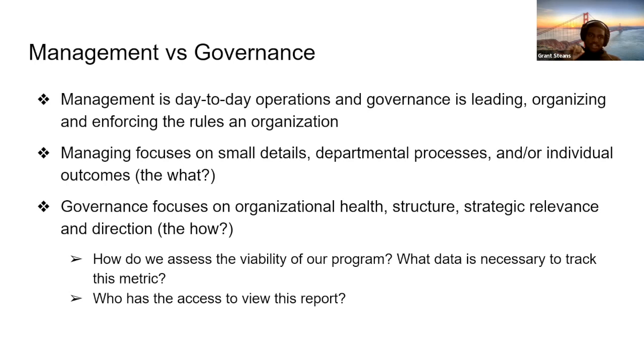And I want to say right here, I'm gonna mention it later, but the three main points of governance would be accountability, standardization, and transparency. So accountability being who's responsible for what, standardization meaning data standardization.